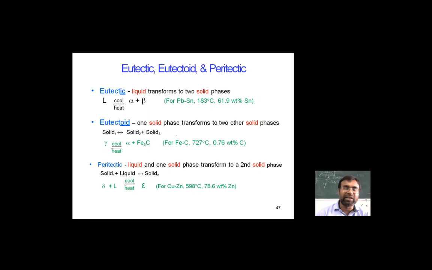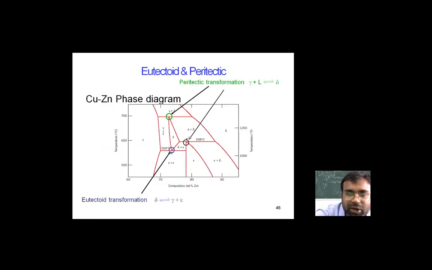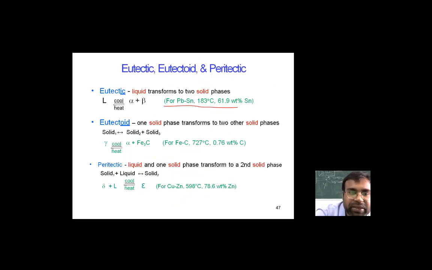So that particular transformation shows the change from the first liquid phase, upon heating and cooling, leading to two solid phases, and that combination is shown in this figure. So to understand what the eutectic is: it is the low melting temperature transformation, in which liquid transforms from one liquid phase to two solid phases.